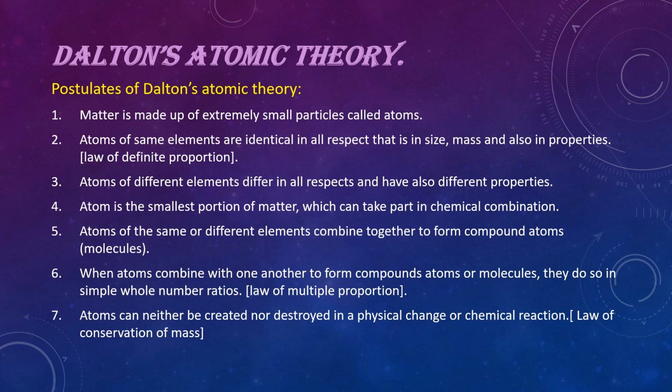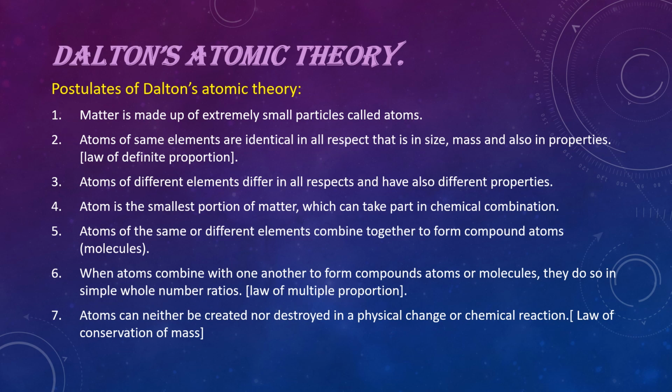That means size, mass and properties. Next is atom is the smallest portion of matter which can take part in any chemical combination. This is the latest definition of atom. Now atoms of the same or different elements combine together to form compound atoms, that is molecules.